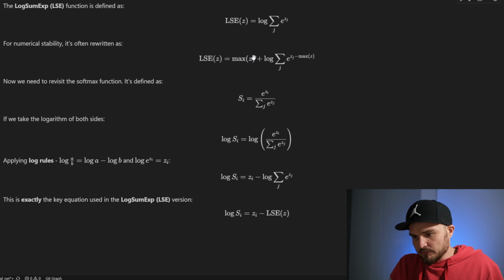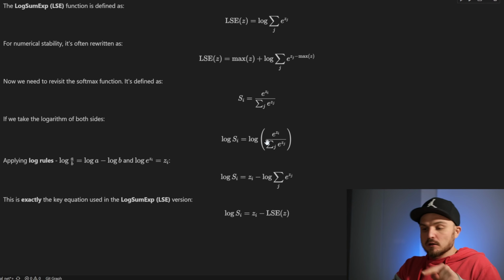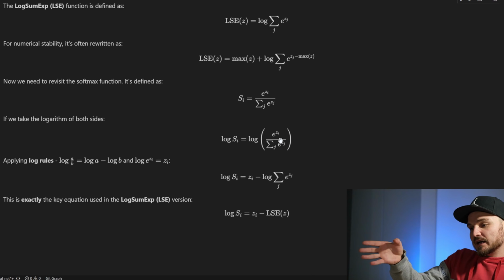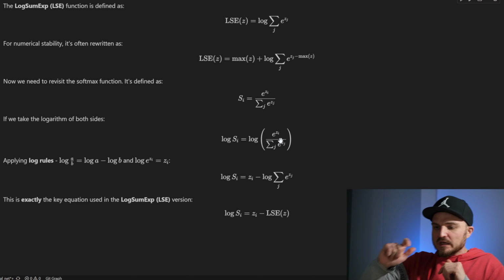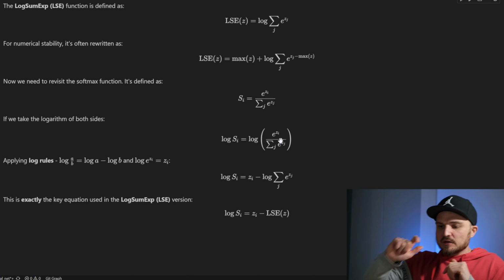So if we take the log of both sides, you can see the result, because we can apply the log rules: when we have a division inside the log, we can replace it with the subtraction of the log of the numerator and the log of the denominator.